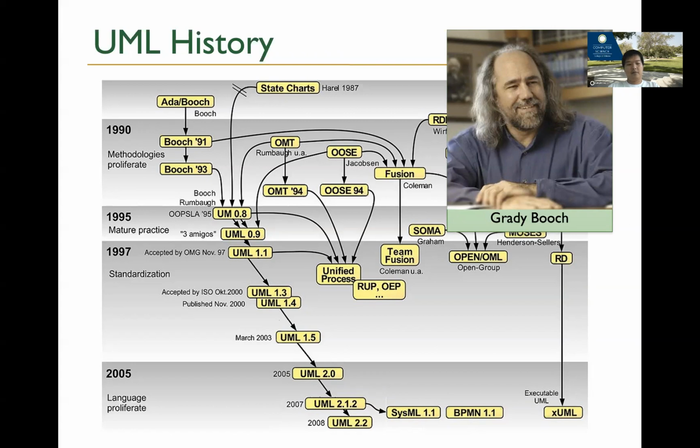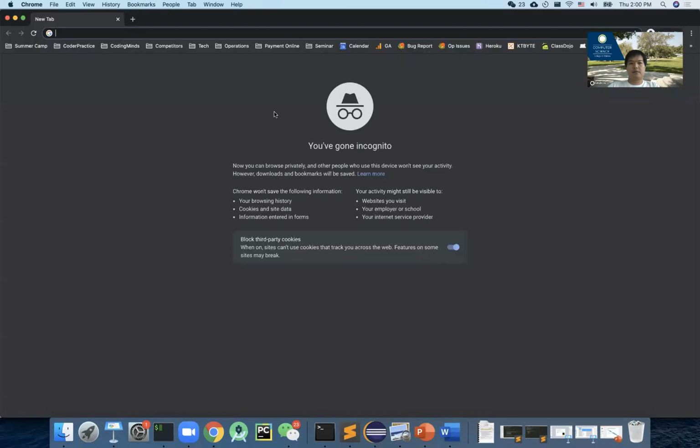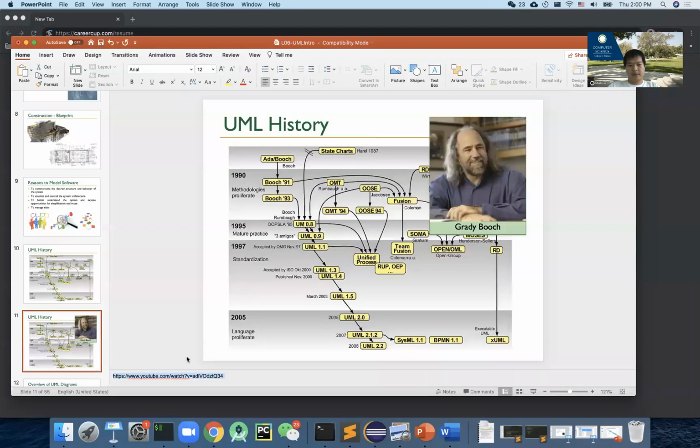I met him back in 2009 at one of the modeling conferences, and he gave a talk there. He's a very cool guy who gave a really good speech, very experienced in terms of software design and everything. There was a little video, I think I have a link somewhere here.